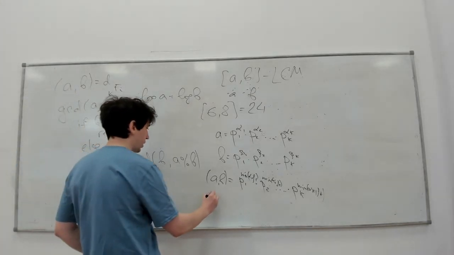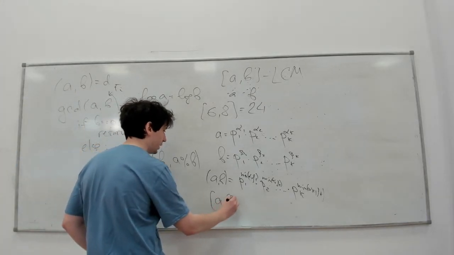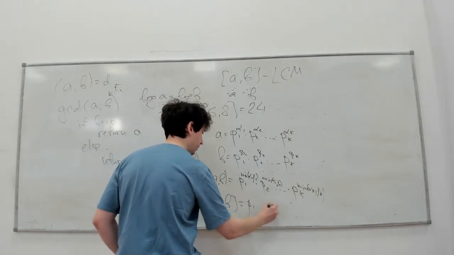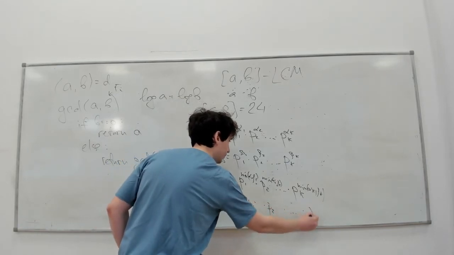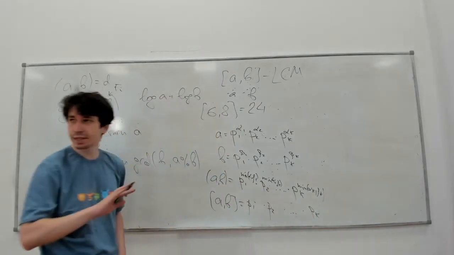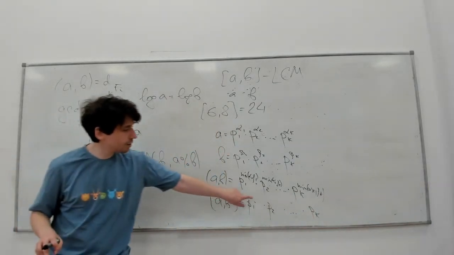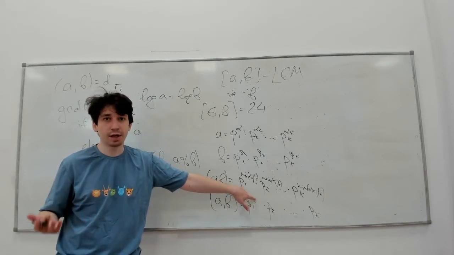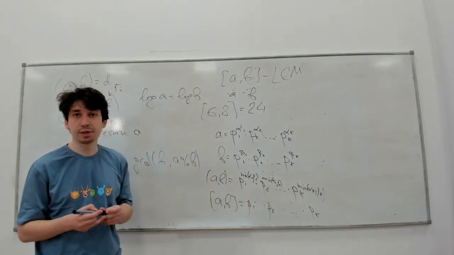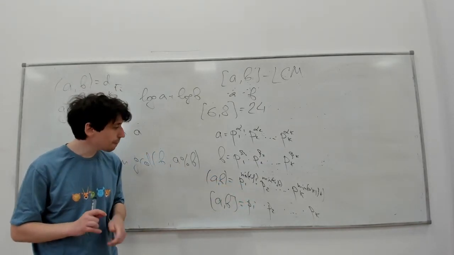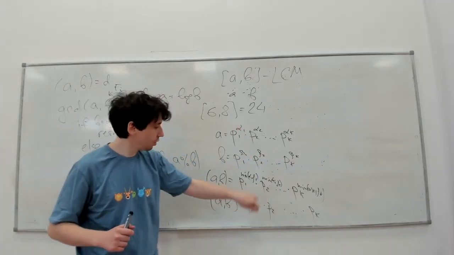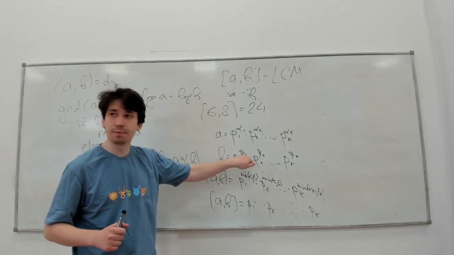Okay, the next question. What is the LCM? It is still represented as primes, with the same set of primes, but the powers are a little bit different. We want to find the lowest common multiple. If we consider each prime number separately, this power should be divisible by this one and this one.